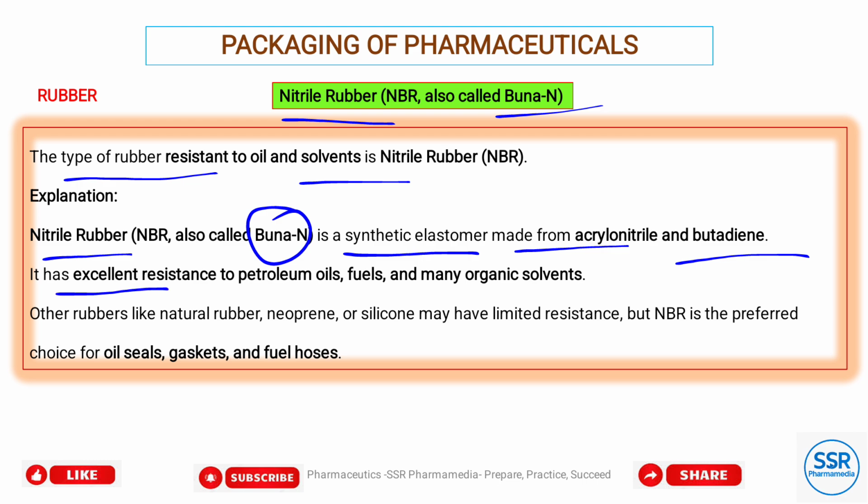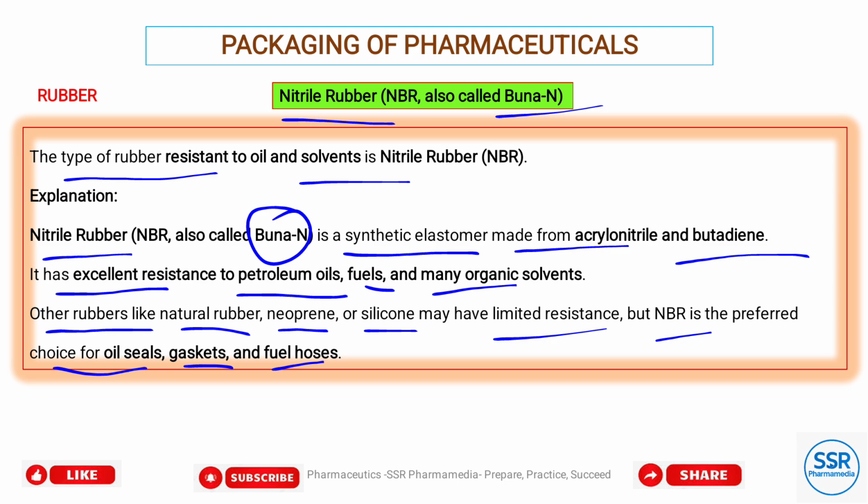It has excellent resistance to petroleum oils, fuels, and many organic solvents. Other rubbers like natural rubber, neoprene, and silicone may have limited resistance, but nitrile rubber is the preferred choice for oil seals, gaskets, and fuel hoses.